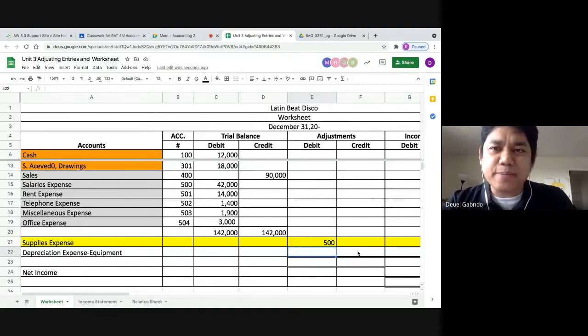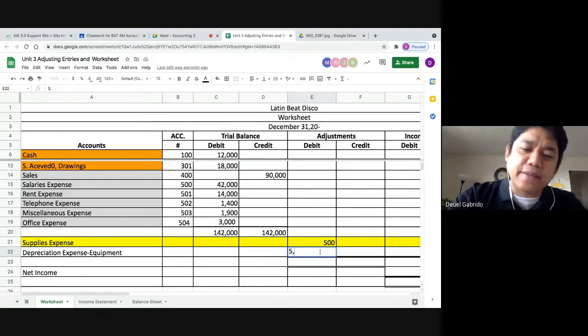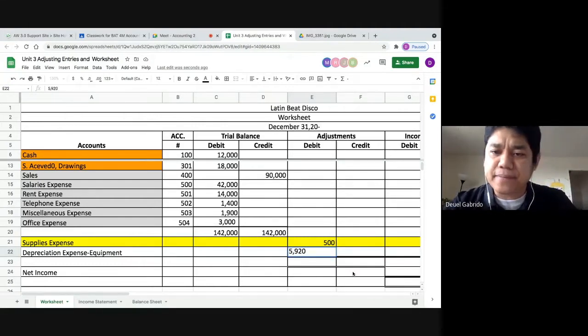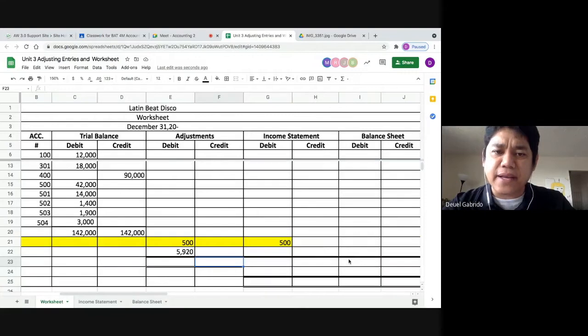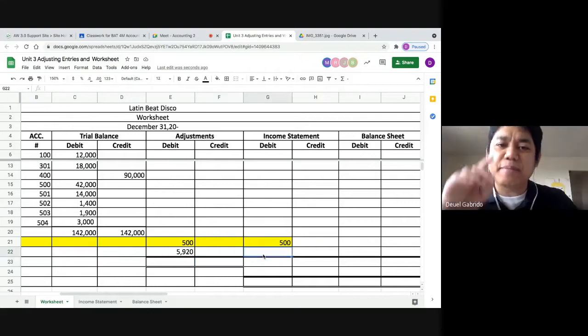How do we treat expenses? Debit. Okay, always debit. Expenses are always debit. 5,920, correct? Okay, so this is the first adjustment. And this expense will be recognized as part of your income statement or balance sheet? Income statement, because that's an expense.